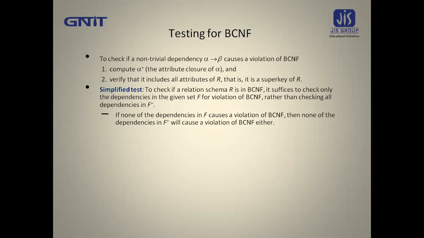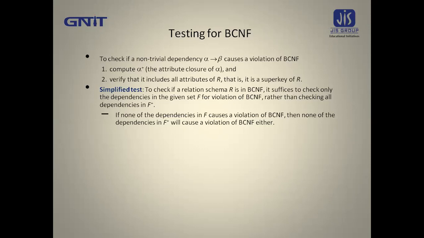So first we are trying to find if any non-trivial dependency alpha implies beta is causing some violation of BCNF. Then we compute alpha plus, the attribute closure of alpha. We know how to find the attribute closure. First we find the extraneous attributes and so on. Then we need to verify that it includes all attributes of R, that is, it is a super key of capital R.